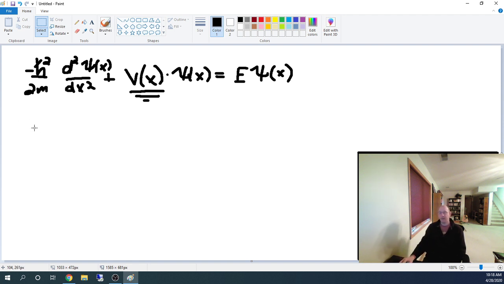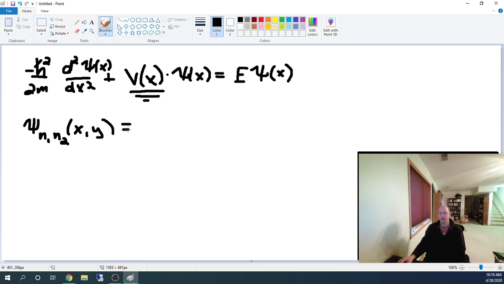So let me remind you with the example of the 2-dimensional particle in the box. We have n1 and n2, so this is 2 dimensions, a function of x and y.